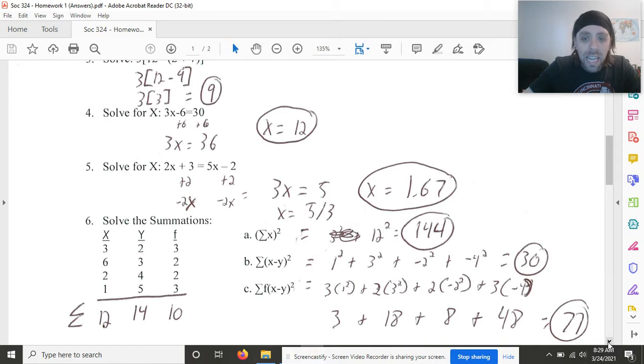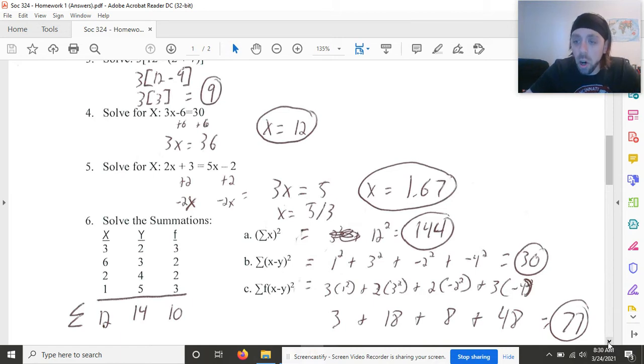So x, y, and f, those are all going to stay together. Or put another way, each row of the table must be kept together. So in this first one, where I see the summation of x, squared, the parentheses are telling me I have to first take the summation of x and then square it.